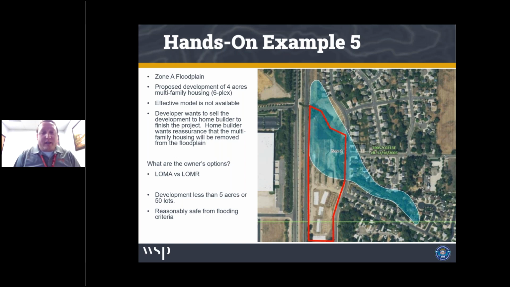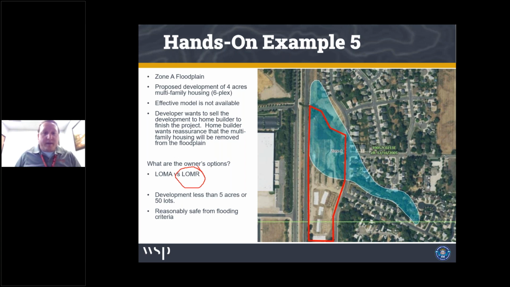That conditional letter of map revision will establish, FEMA will give you concurrence on that conditional letter of map revision, and if you build a development in accordance with the plan, they're going to be out of the floodplain. So on this one, the CLOMR process is most applicable.